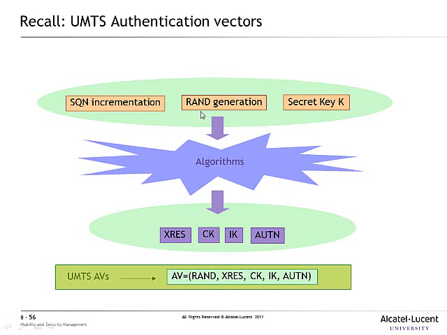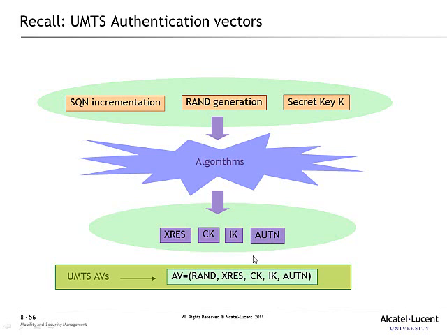And all of this information goes into a number of algorithms in the authentication center, and they generate 4 pieces of information. So you have something called the signed result, you have a ciphering key, you have an integrity key, and you have something called an authentication network key as well.